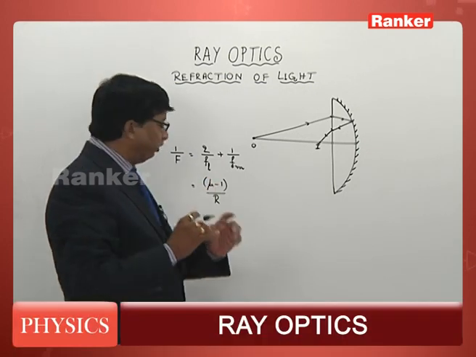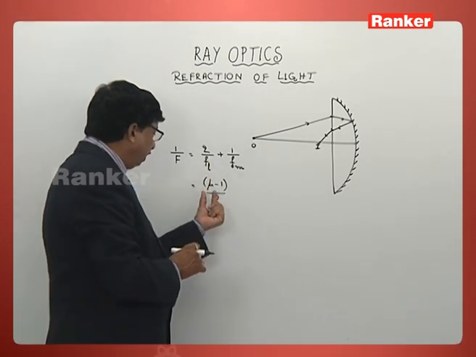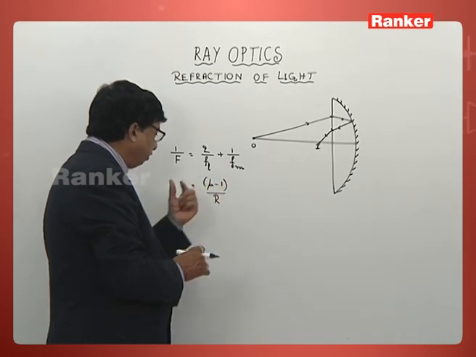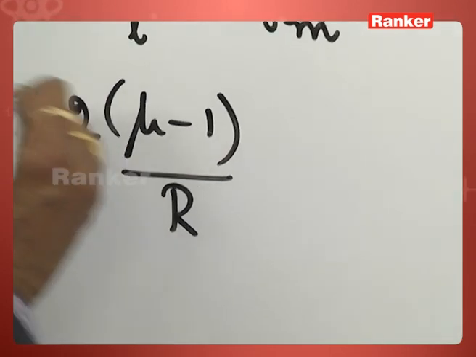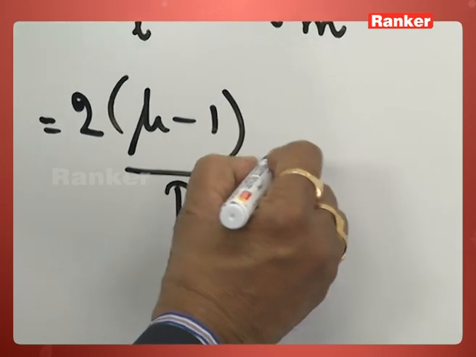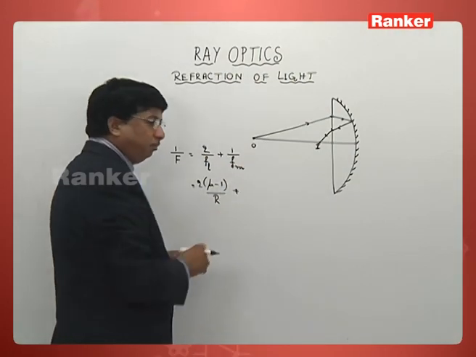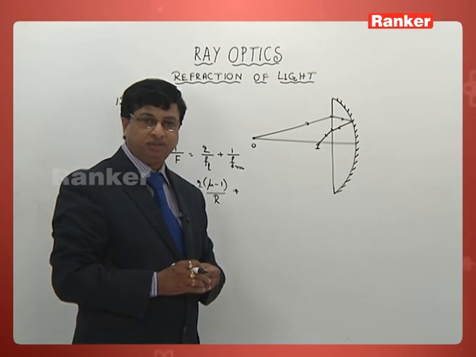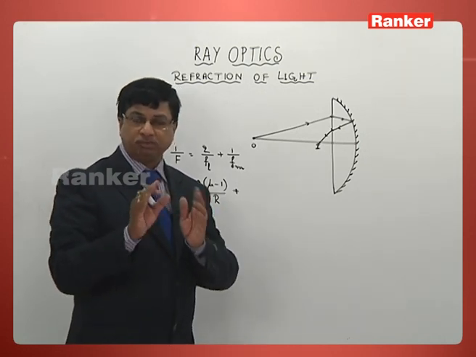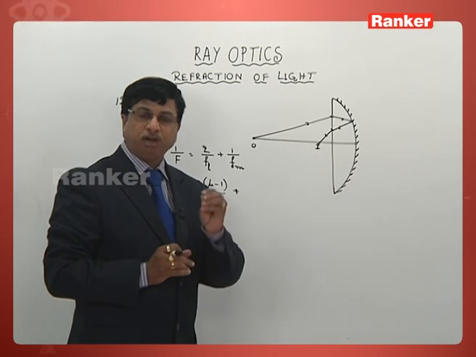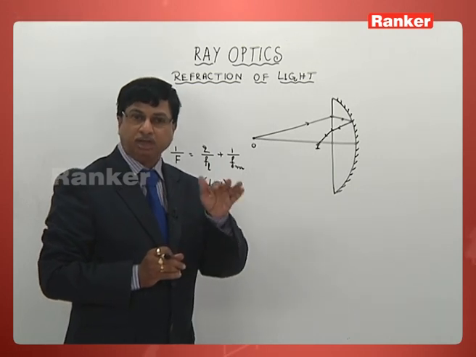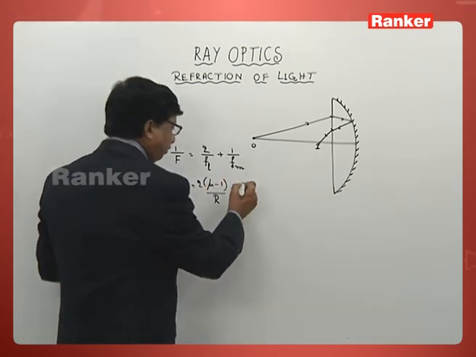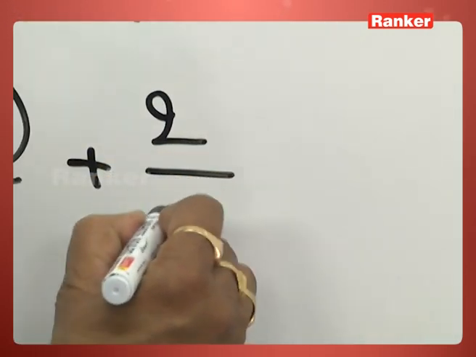According to that equation, we can write 1 by focal length of the lens as (mu minus 1) by r, that into 2, plus the focal length of the mirror in terms of its radius of curvature: you write r is equal to 2f. Then f automatically becomes r by 2. So we can write this one as 2 by r.